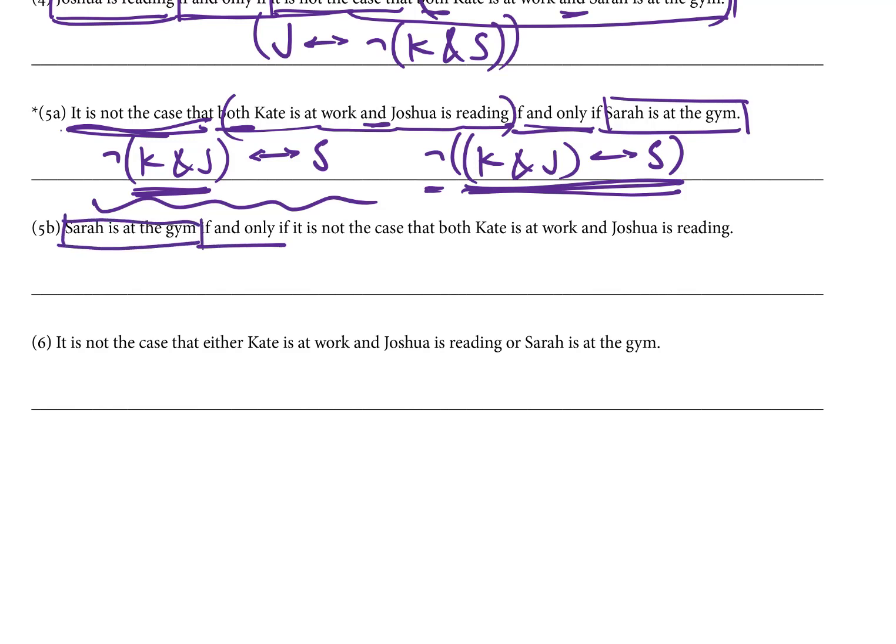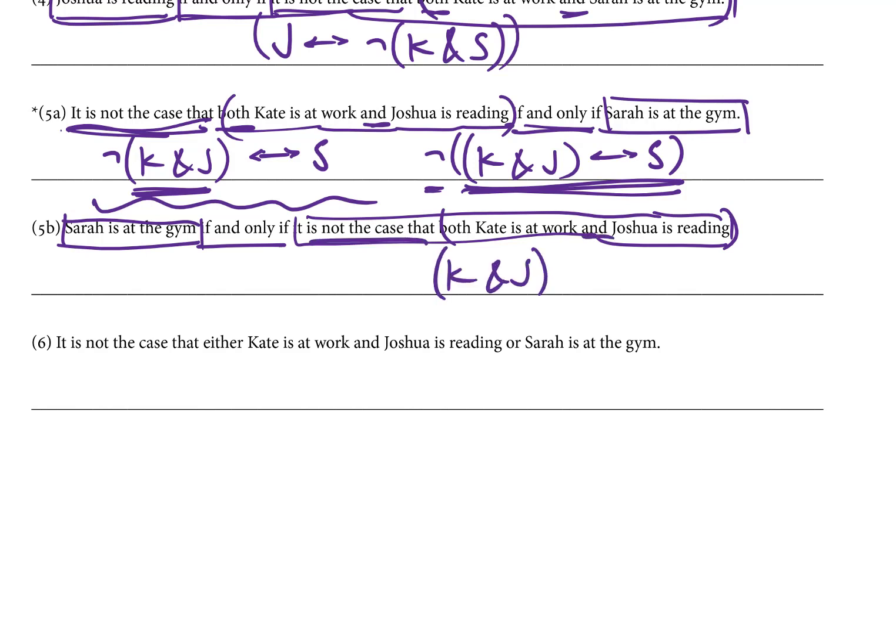Sarah is at the gym, and then it is not the case that both Kate is at work and Joshua is reading. Okay, so this will be, well, both and, so K and J.